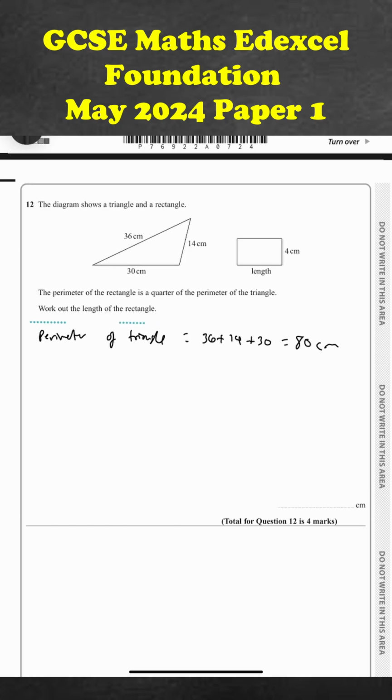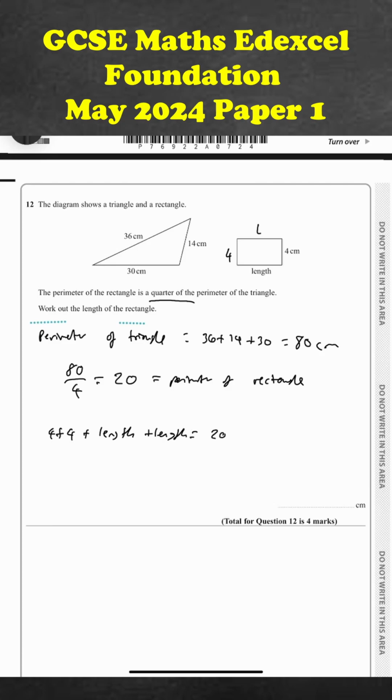And we are told that the perimeter of the rectangle is a quarter. So a quarter of the perimeter of the triangle is 20, equals the perimeter of the rectangle, which means that's going to be length, that's going to be 4, which means 4 plus length plus length equals 20.